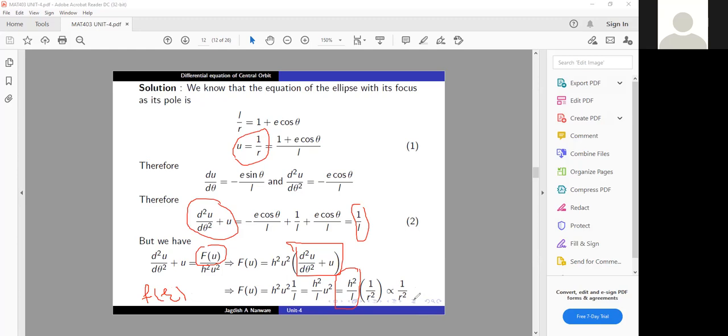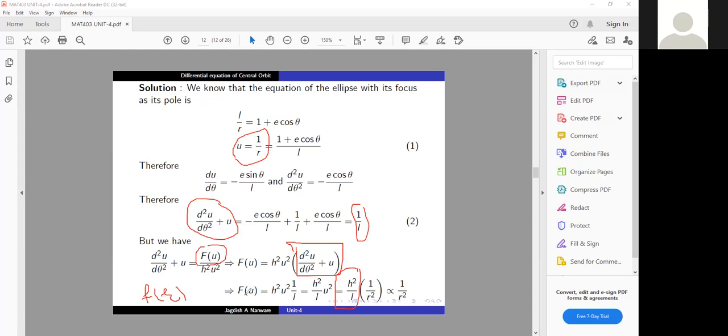But what is r? R is the distance, the position vector, the distance between the fixed point and the point on the given ellipse. As we are talking about the ellipse, which is the orbit, it has a central force like that.